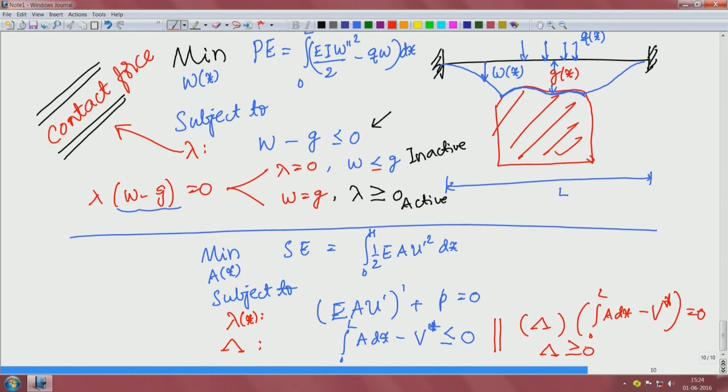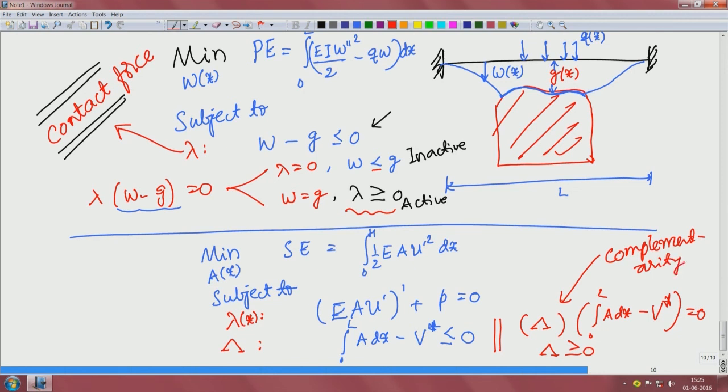Just like in the previous problem, we wrote lowercase lambda greater than or equal to 0 at every point in the domain. Here it is an unknown constant, one constant, greater than or equal to 0, and this is the complementarity condition.